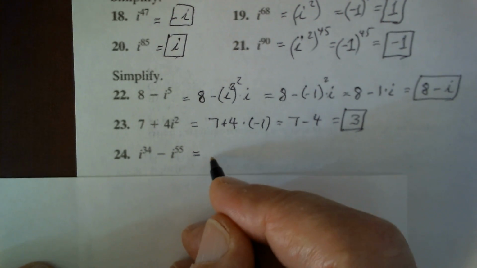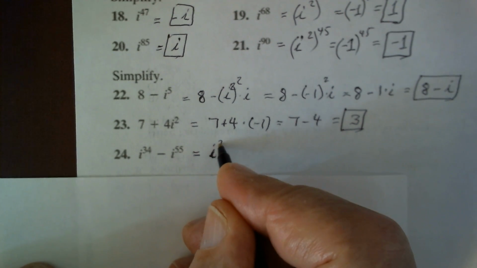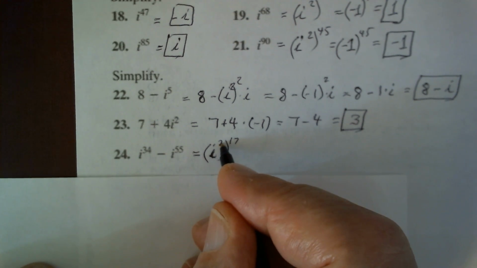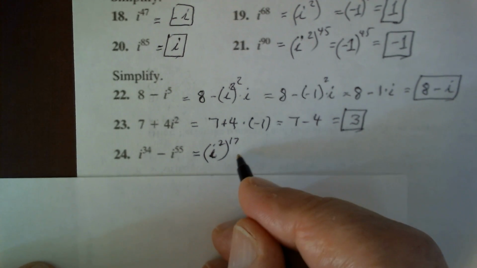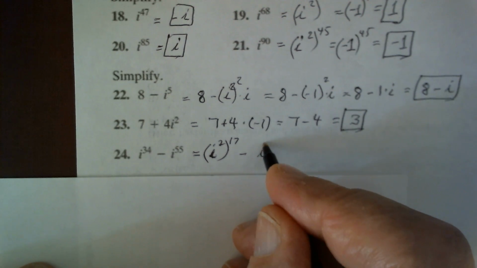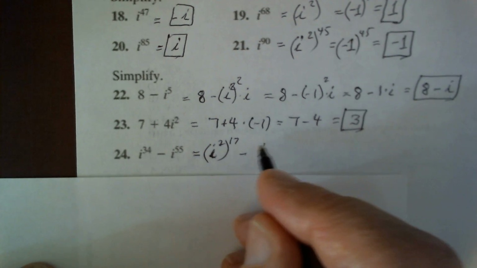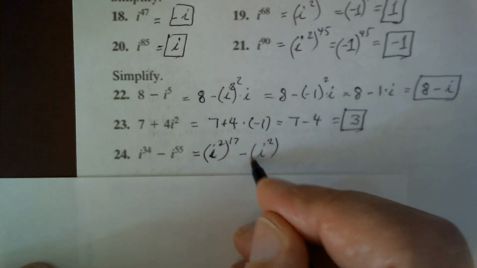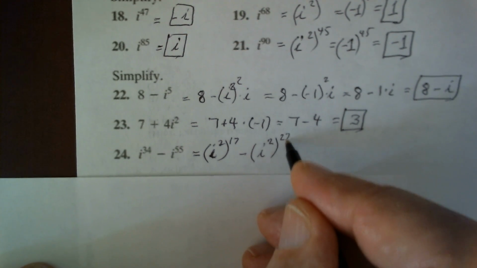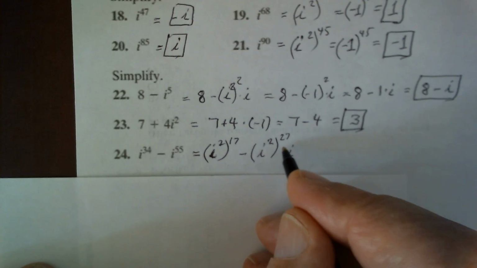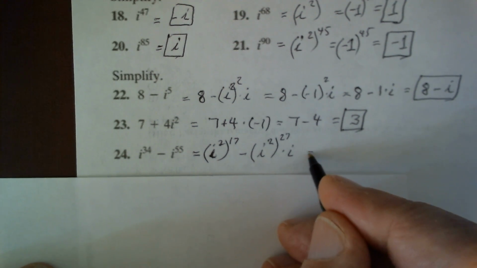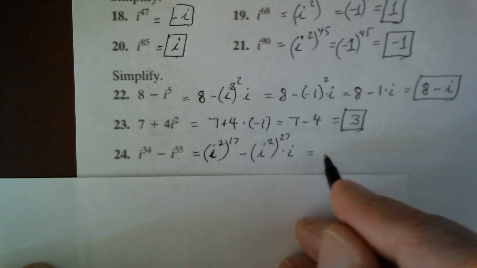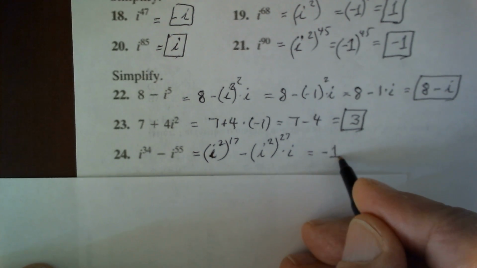i to the 34th we can write as i squared to the 17th power, because 2 times 17 is 34, minus i to the 54th power, and 54 we can write as i squared to the 27th power times i. And so i squared is equal to -1, and -1 raised to an odd power is -1.